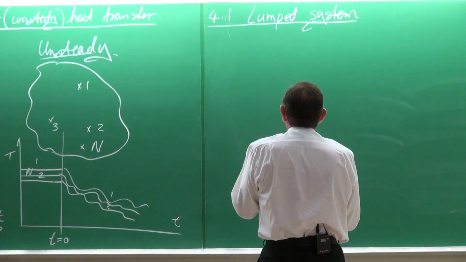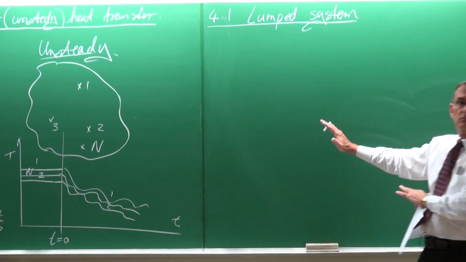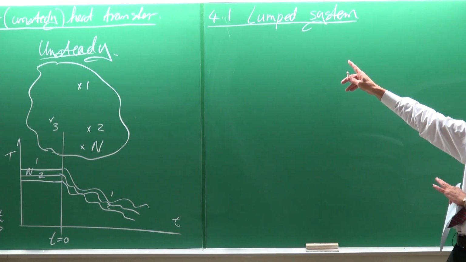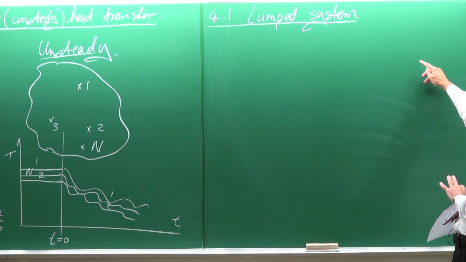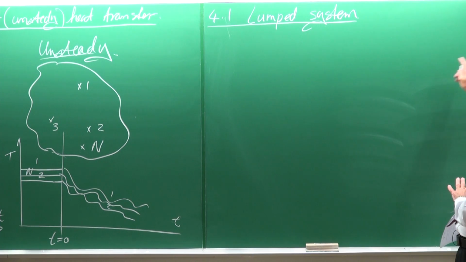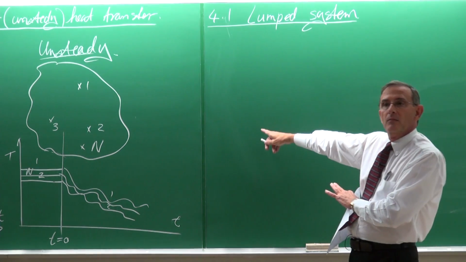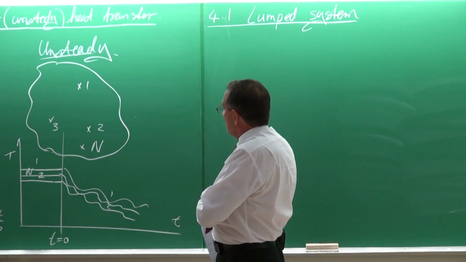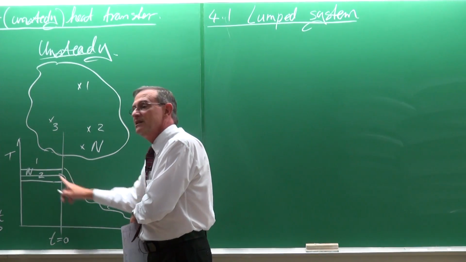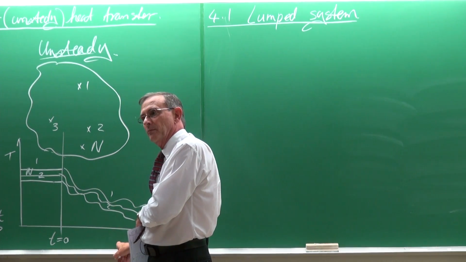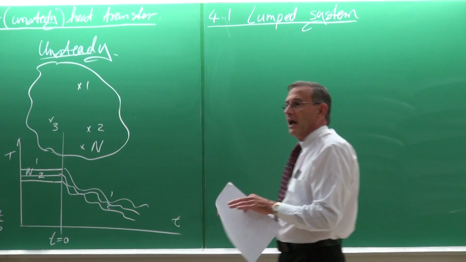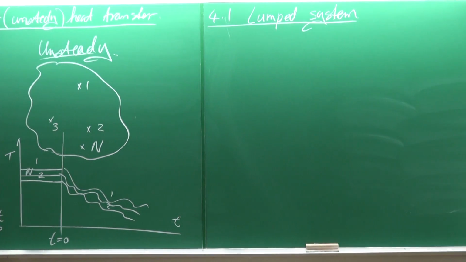And this is paragraph 4.1 of approximately, I think, about 10 paragraphs in this textbook. And in each one of them, another approach is followed of determining the temperature as a function of time. Okay? And we're going to do different geometries.